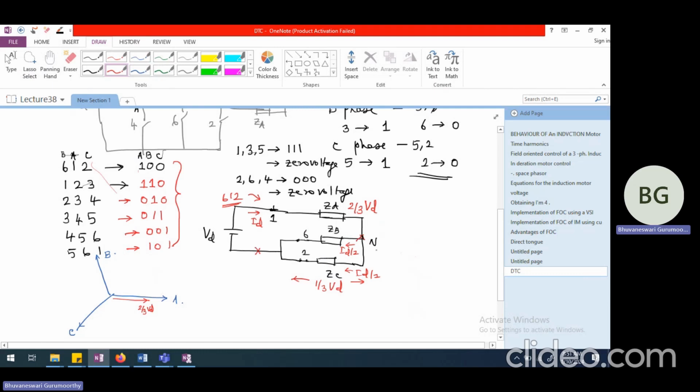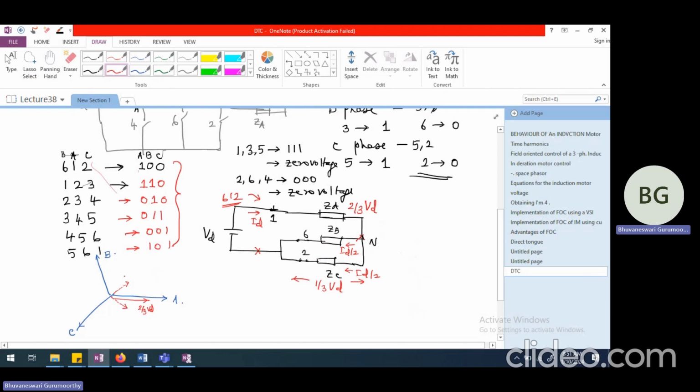So neutral is going to be at a higher potential. So if I look at what is the voltage drop across ZB or ZC, it will be minus 1 by 3 VD. So minus 1 by 3 VD, let me draw C phase voltage in the opposite sense, the same way B phase voltage also in the opposite sense.